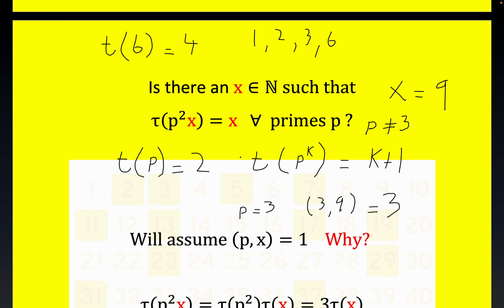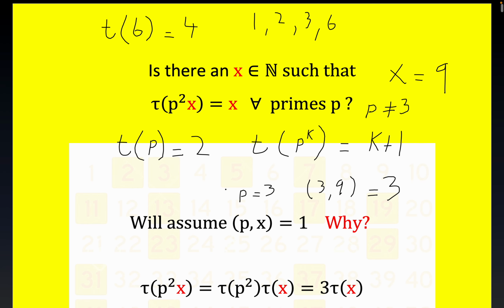Now, again, let's take a look at an example. What if we had tau at 53 squared? 53 is a prime number, I think, yes. So this is really kind of empty because it's for any prime. We just proved it, but in any event, we just said x is equal to 9. So times 9.